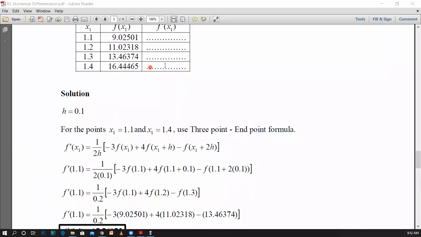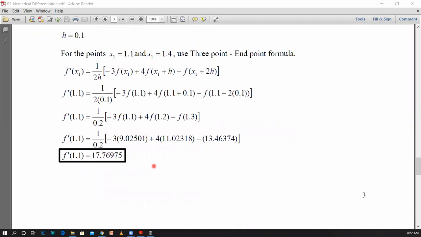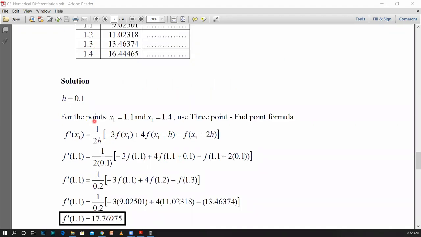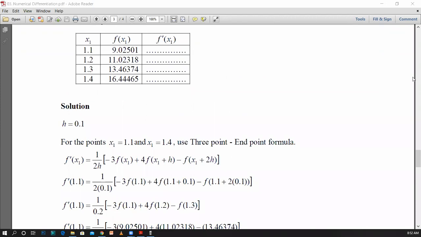Then we need to use this technique to identify the value at x1 equals 1.4. Now this is the last value we have. Therefore, when we are using this endpoint formula, since 1.1 is the starting point, I have considered h in this way. But 1.4 is the final value I have. I cannot go beyond this 1.4.